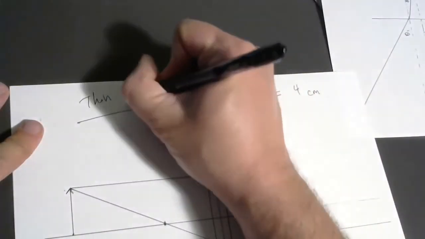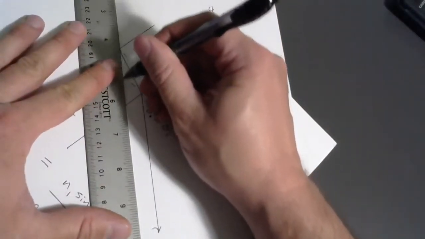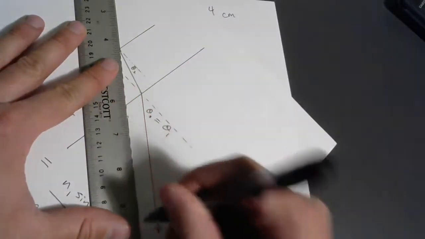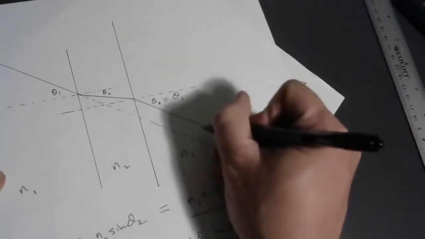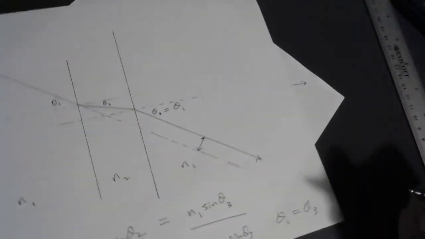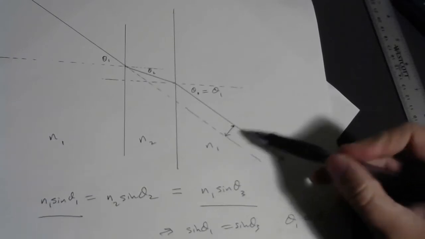This is an L. And your book goes through this. They actually look at the geometry, and in one of the examples in your chapter 34, they will calculate the amount by which the ray is displaced laterally, just a little bit of trigonometry.